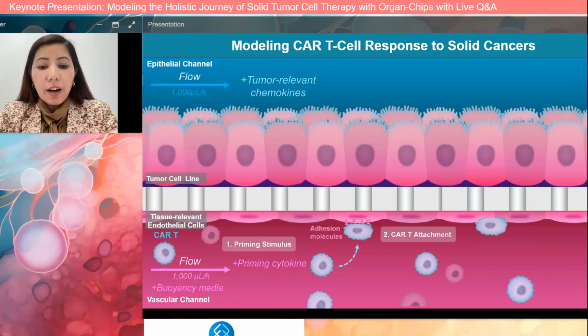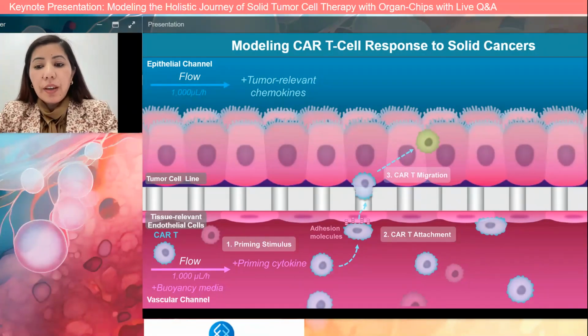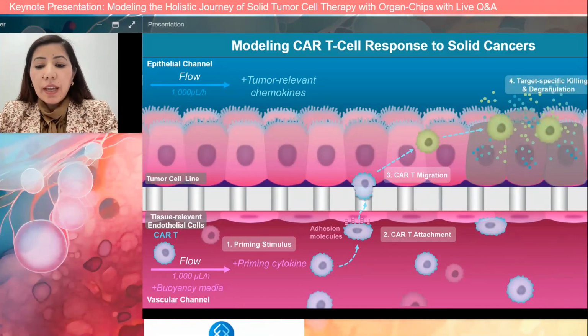So CAR T cells are flowed, and the TNF-alpha primed endothelial cells upregulate adhesion molecules for the CAR Ts. Then the CAR T cells attach to those adhesion molecules and migrate across the membrane to the top channel, where they reach their final destination, the tumor cells, and they recognize those antigens on the tumor cells and kill them specifically.